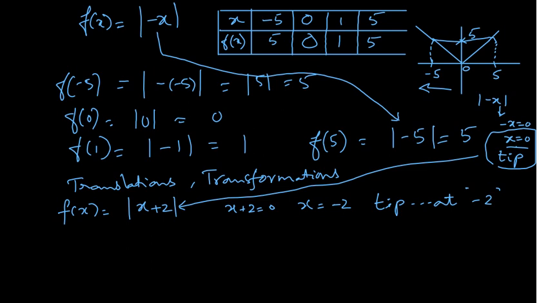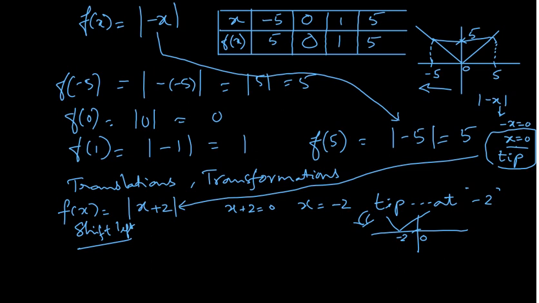That's nothing but shift left. So you have the same graph, and now you just go like that, and this is minus 2. So that's how the graph looks like.